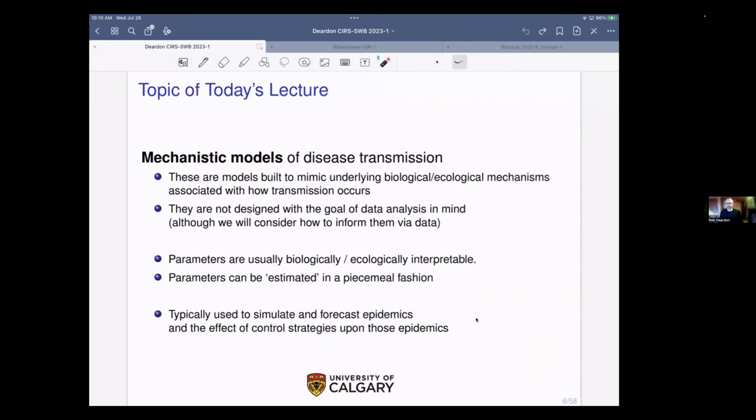Whereas things like risk factor assessment, is my covariate significant? That tends to take a secondary position in this field. It's not always, but generally. Okay.